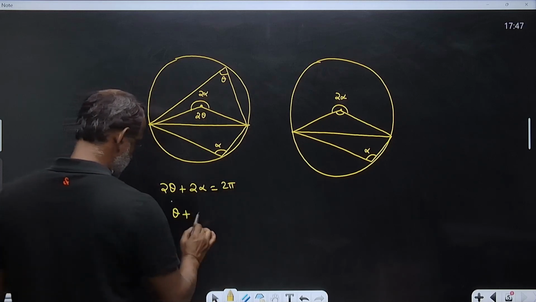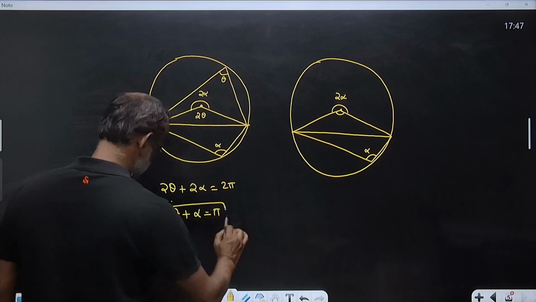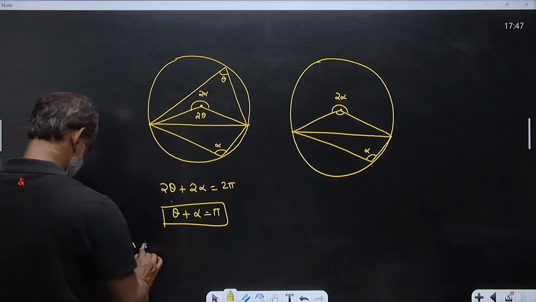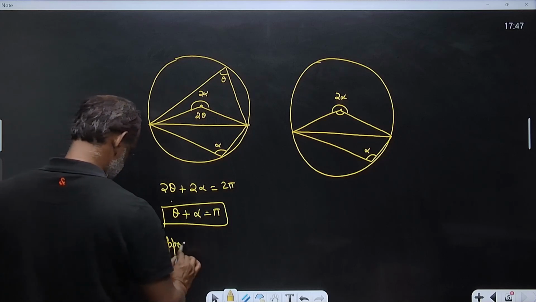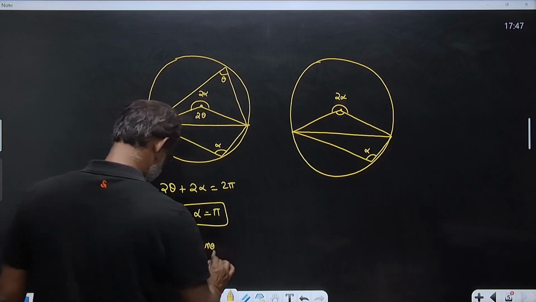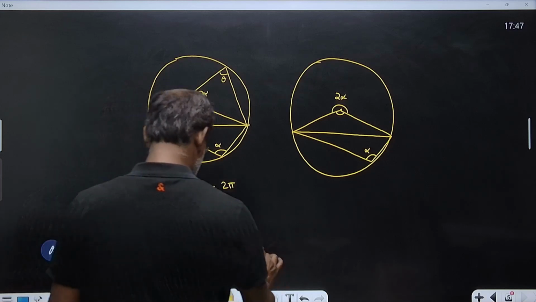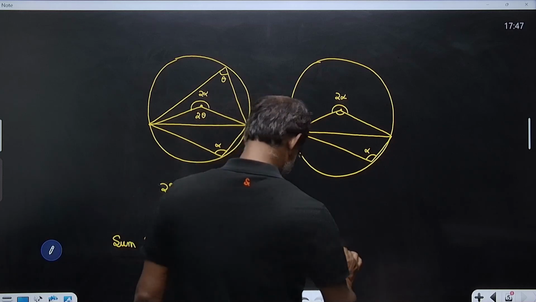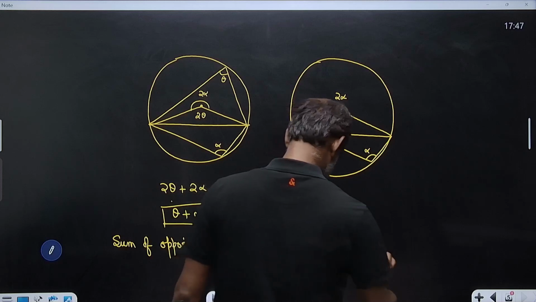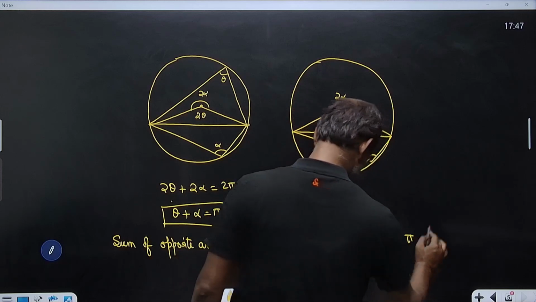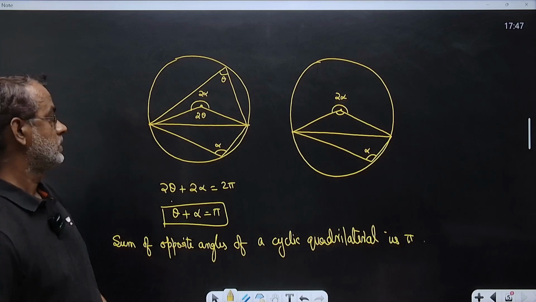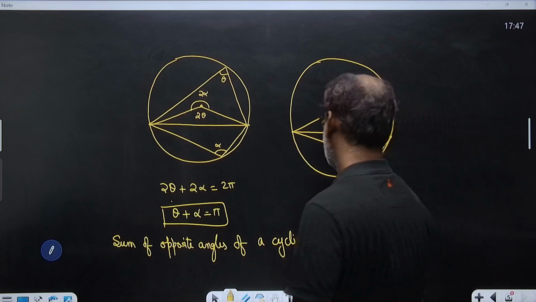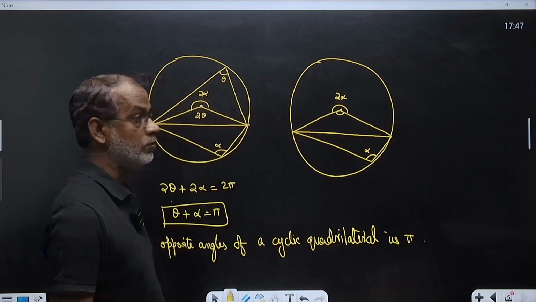That is, the sum of opposite angles of a cyclic quadrilateral is pi. This, just as I told you how to proceed, I expect that you start in the similar manner.